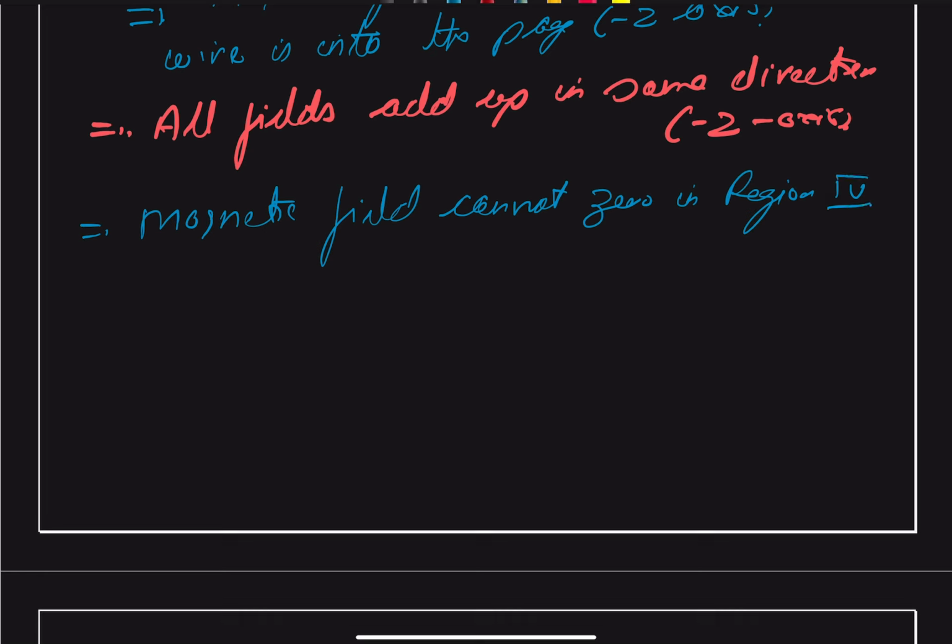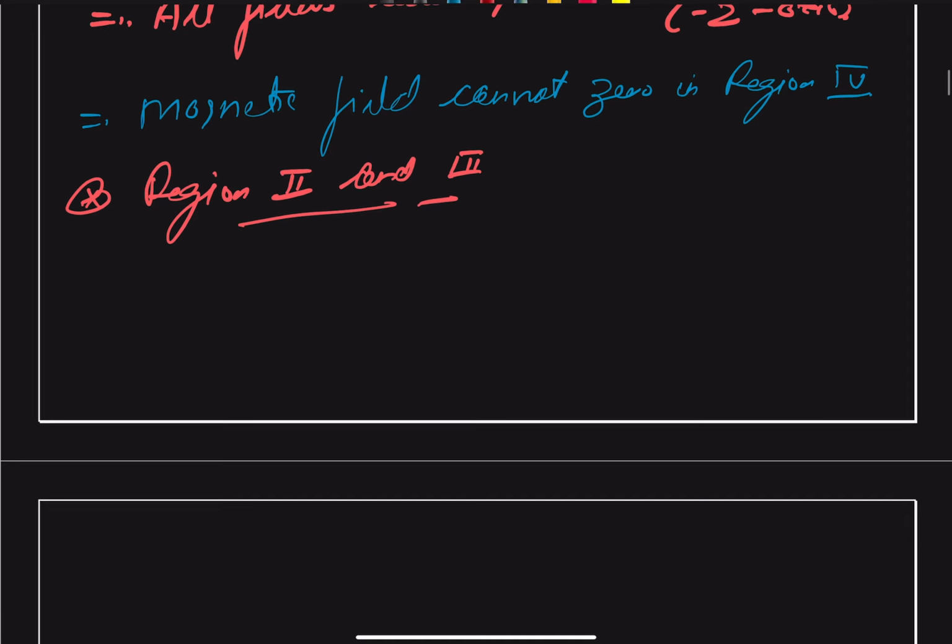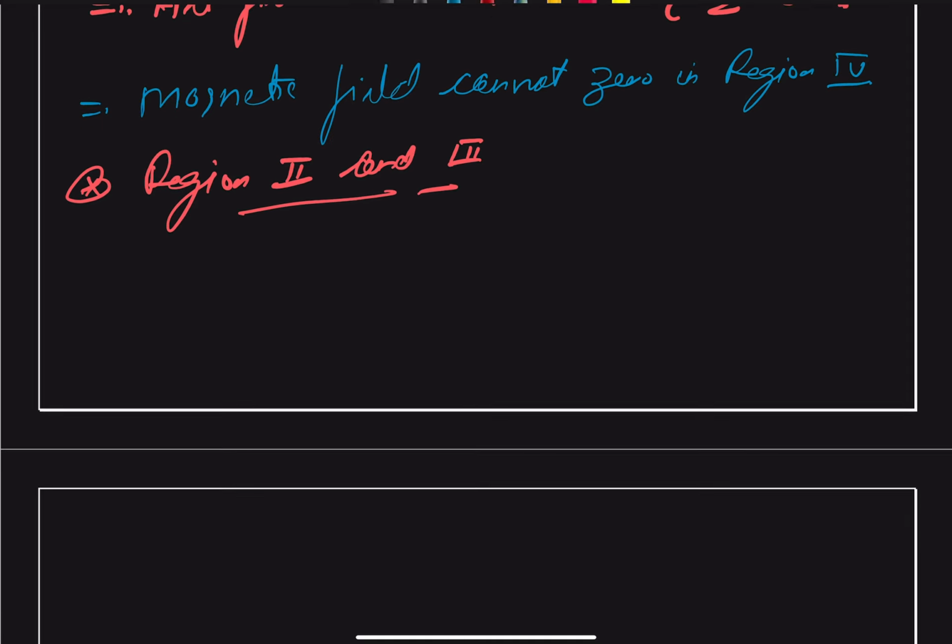Now we come to region 2 and 3. Region 2 is x greater than minus d but less than 0, and in region 3 we have x less than d but greater than 0.